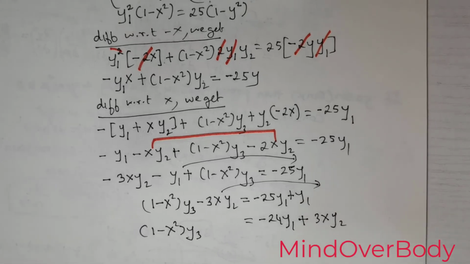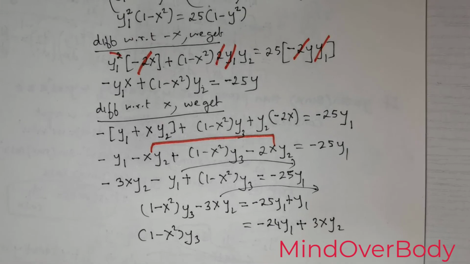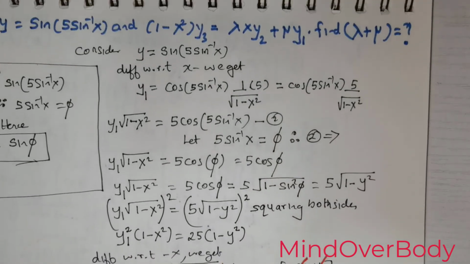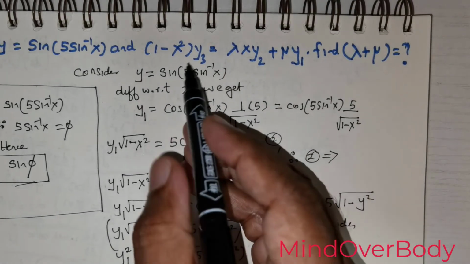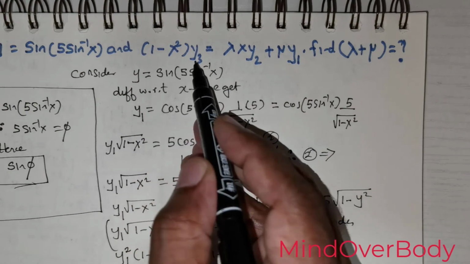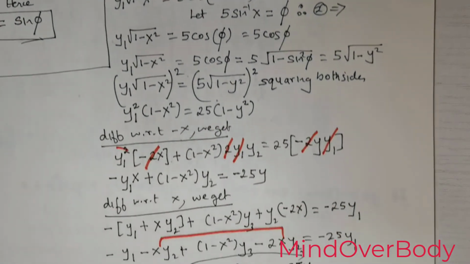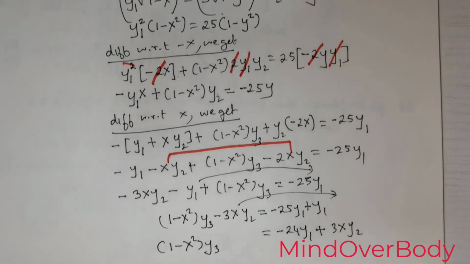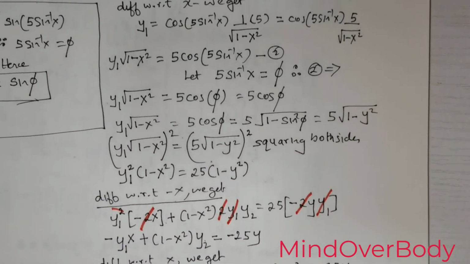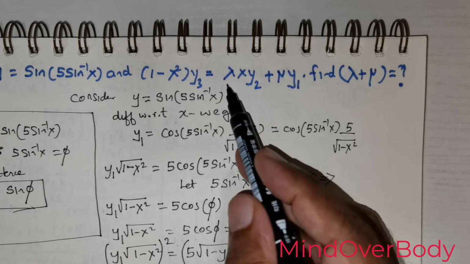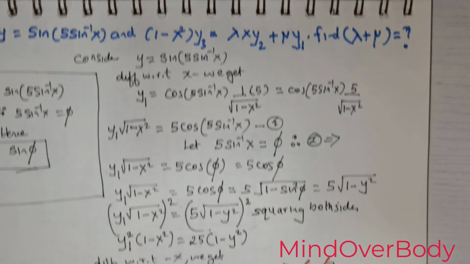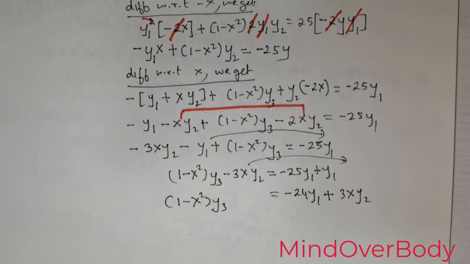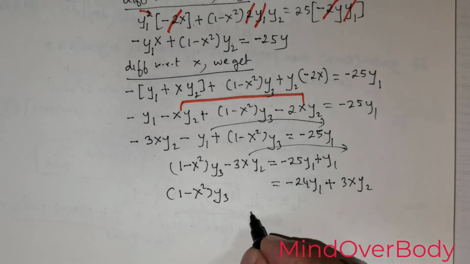Now let's go back and compare it to the given system. On the left hand side, 1 minus x squared times y3. So you see here, on the left hand side, 1 minus x squared times y3, and that has to be followed by lambda times x into y2. So we got x into y2 here.